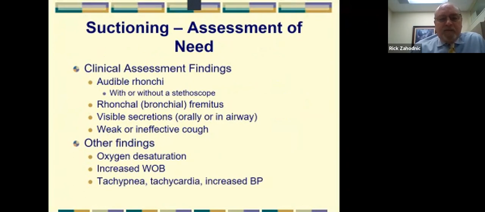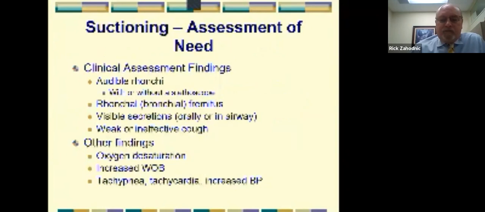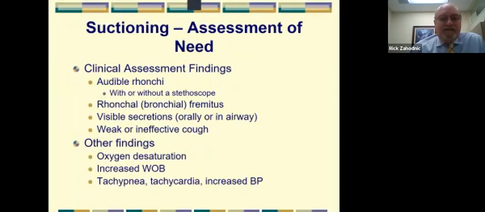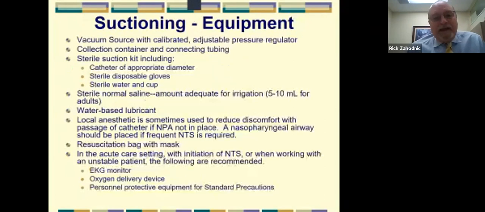You can also have rhonchial or bronchial fremitus, where we actually feel vibrations on the chest wall that are basically secretions in the larger airways. Sometimes you can see the secretions in the airway itself, and the presence of a weak or ineffective cough. And obviously these patients would be tachycardic, tachypneic, exhibiting a significant work of breathing and inability to adequately oxygenate.